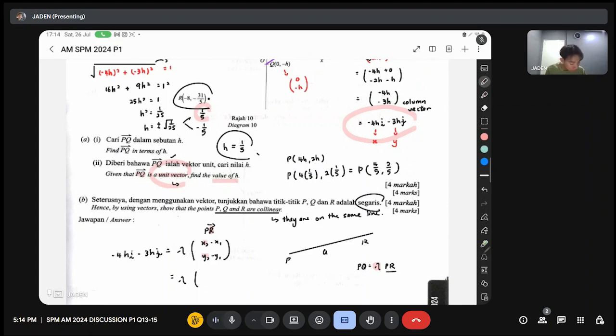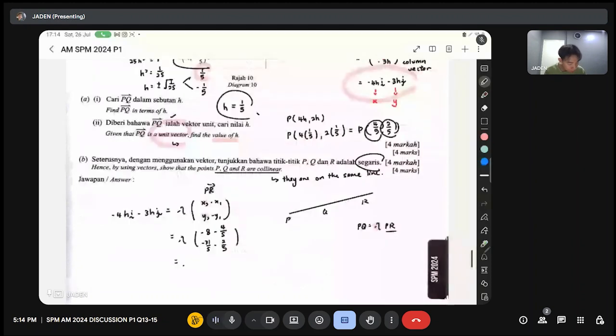So write it down: this is negative 8, take away negative 4 over 5, because you want to deduct the X1, which is P, and then Y2 minus Y1 means negative 31 over 5, minus the 2 over 5. Then your lambda at the back, you will get as a result negative 44 over 5, and negative 33 over 5.